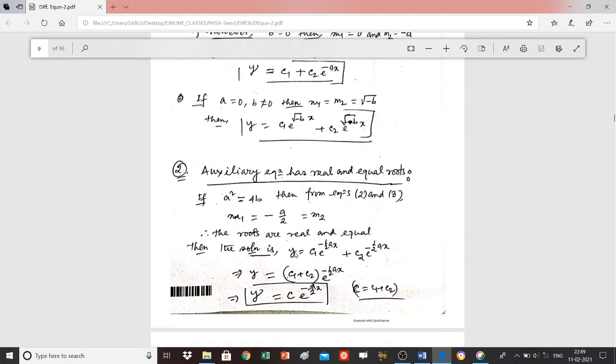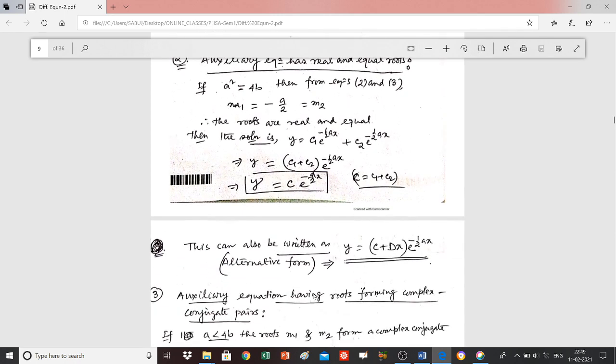In that case the solution would be y is equal to c1 e to the power m1x plus c2 e to the power m2x, where the value of m1 is minus half a, so the exponent is minus half ax, and that can be written as y is equal to c1 plus c2 e to the power minus half ax.